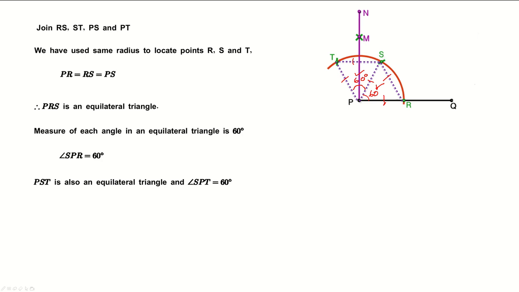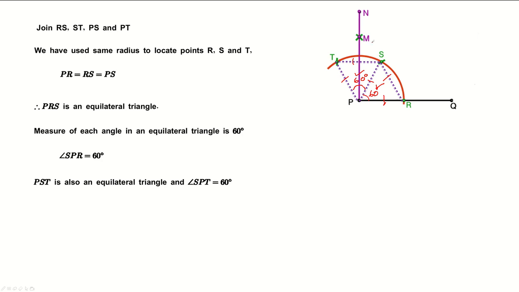Now, consider this angle SPT. Here we have an arc from S to T, and also we have drawn two arcs with equal radii with centers S and T to mark M. Then we have joined PM.